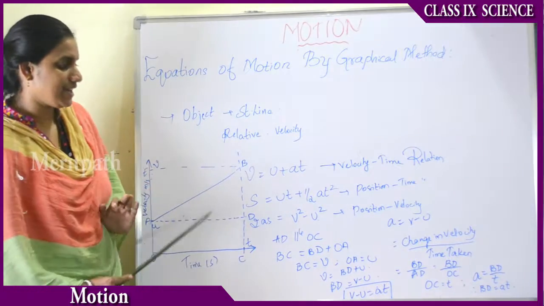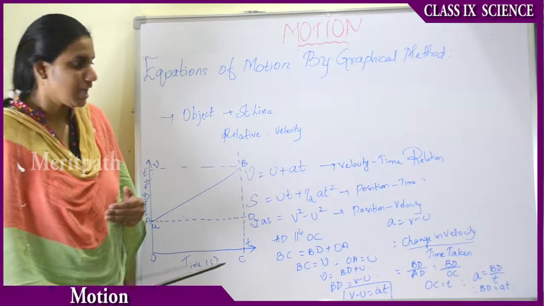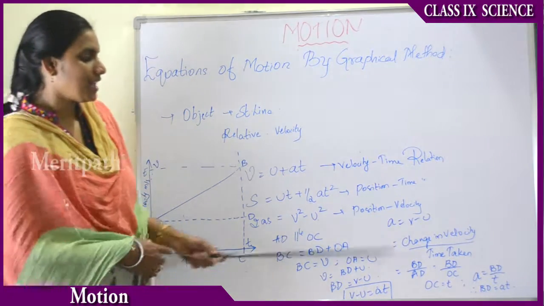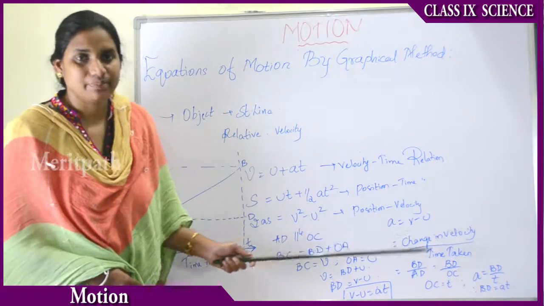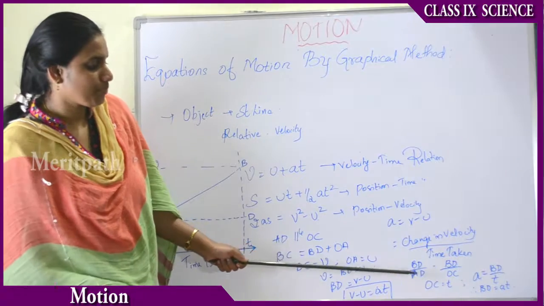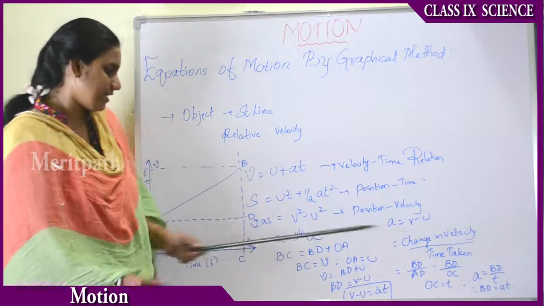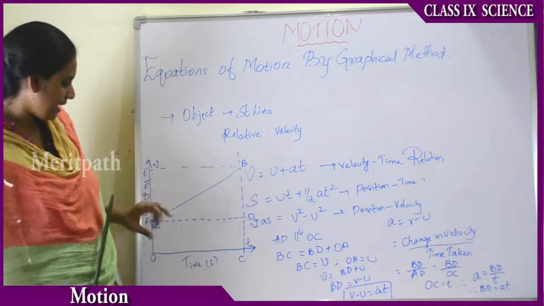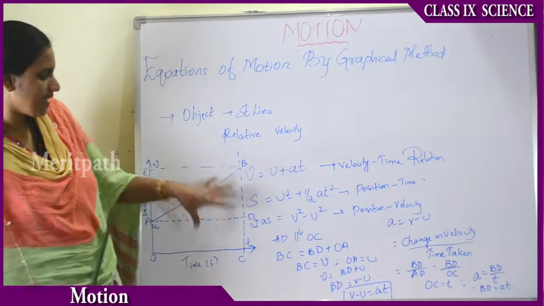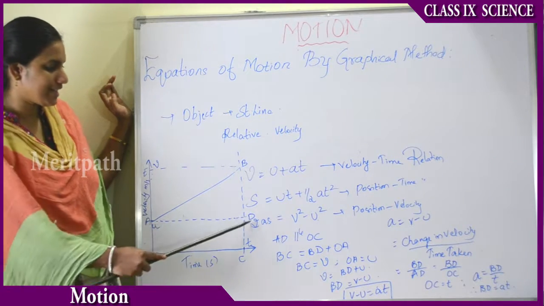Therefore we can say that acceleration is the change in velocity per time, that is, final velocity minus initial velocity by the time taken, that will be equal to BD by AD or BD by OC, right? BD by AD will give the final minus initial by the time taken.